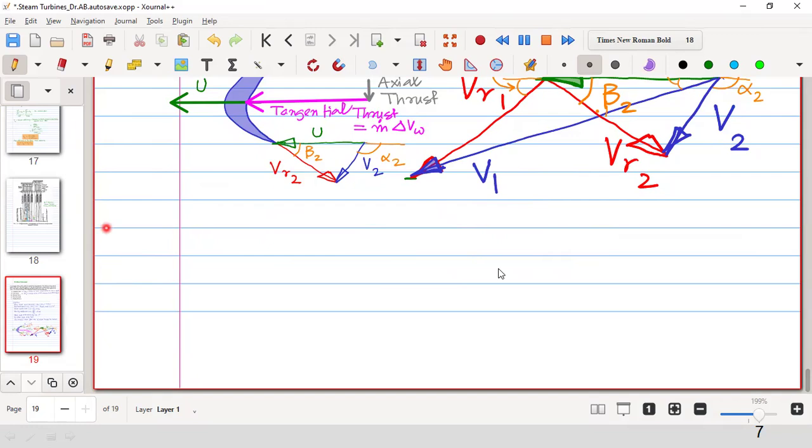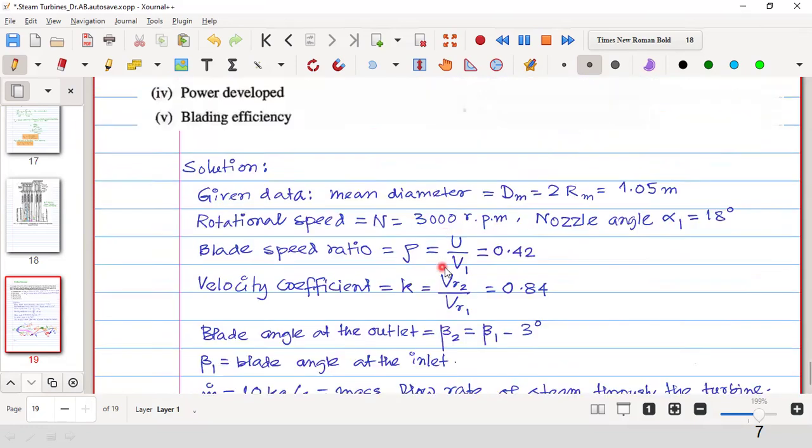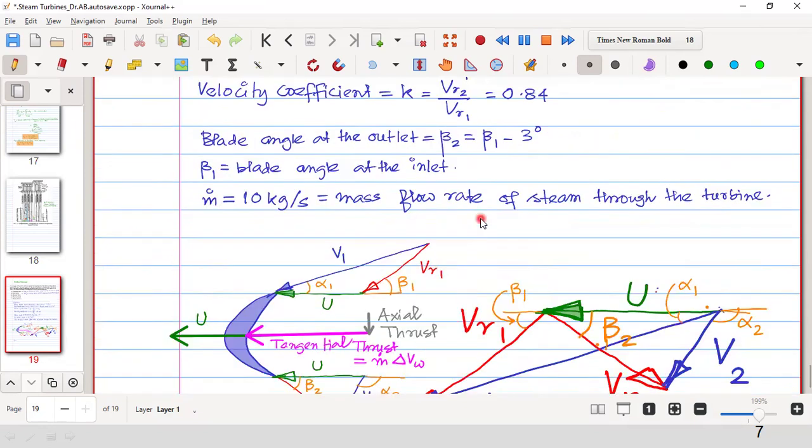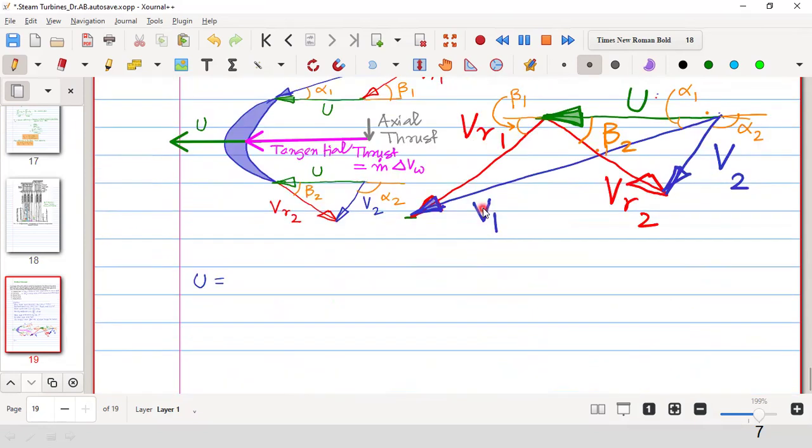So what is U? U is equal to rho into V1. Rho is given and V1 we do not know yet, so we can calculate. So U is equal to rho, which is 0.42, into V1.